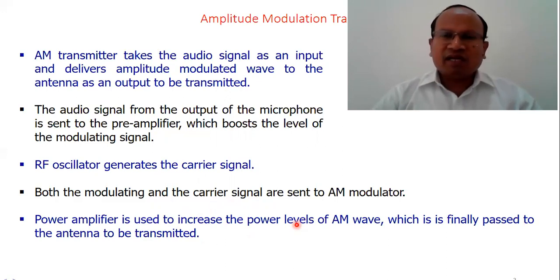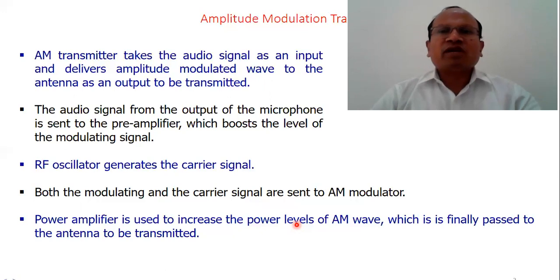We receive an input signal, say an audio signal from a microphone. We pass it through a preamplifier to boost up the signal strength, because when we want to mix with the high frequency carrier signal generated by the RF oscillator, if the strength is poor, the mixing won't take place properly.